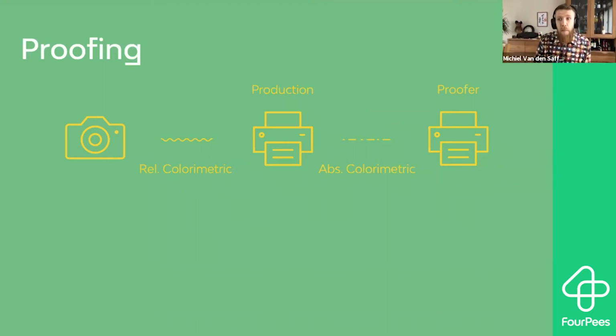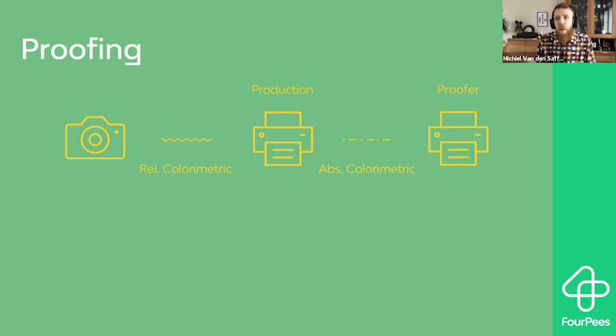But if I'm printing for a newspaper and I have to print a proof for an ad that a company wants to place in a newspaper, I can't print that on my amazingly white/blue proofer paper, because that is not what it's going to look like when you print it on yellow newspaper. So I'm going to use an absolute colorimetric rendering intent to convert to my proofer.